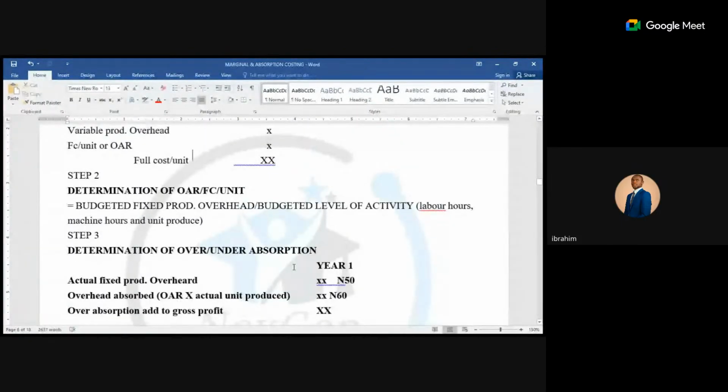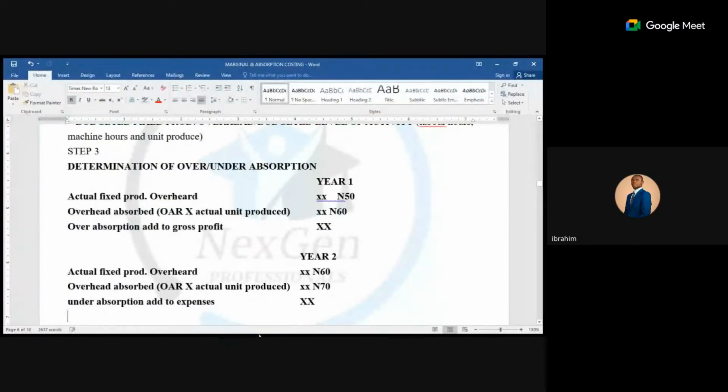Class, apologies, right? So let's do that in our next class, because I don't want to rush it. In our next class, we'll solve the question under the absorption costing. We'll reconcile the profit of absorption with the profit of marginal costing. That is reconciliation.